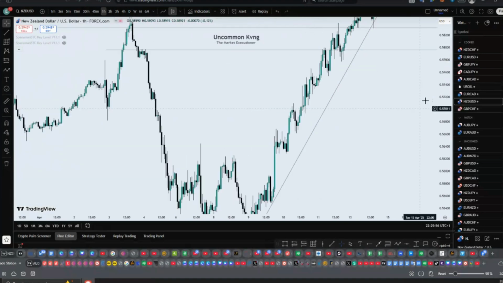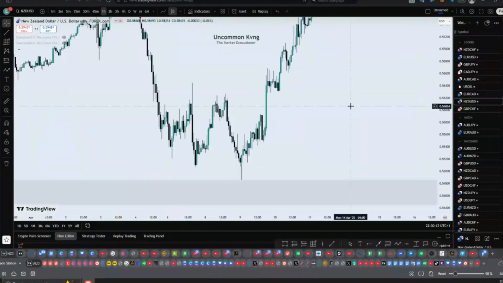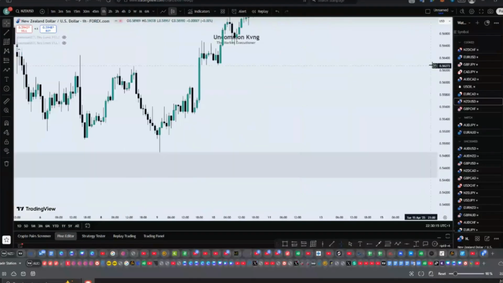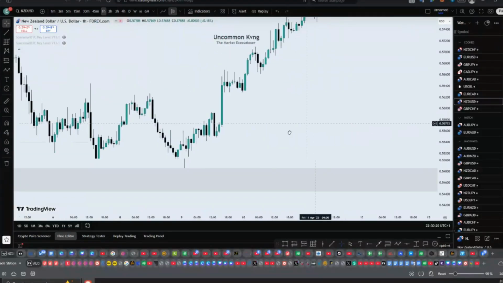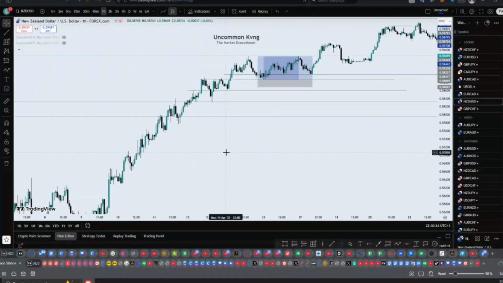Now let's start spotting the expansions. Is this an expansion? Yes. Good. That's an expansion. So let's start marking out all the expansion and then let's start seeing.